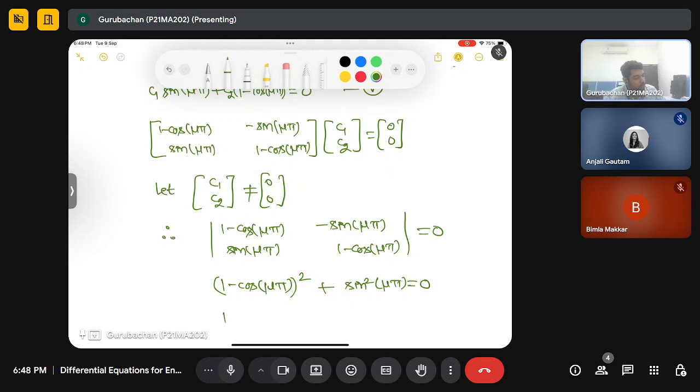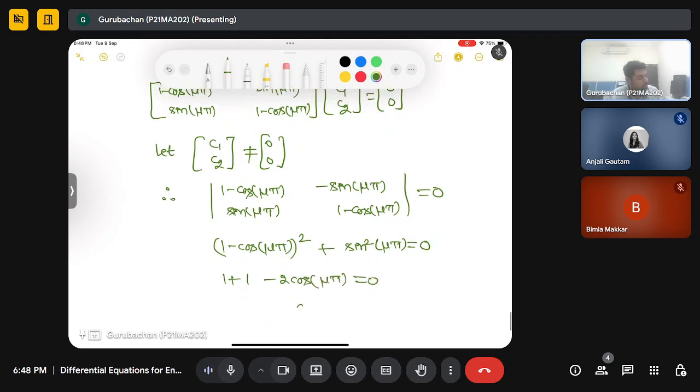So this will give you 1 plus cos square mu pi plus sin square mu pi, which is again 1, minus 2 times cos mu pi is 0. So from here you will get cos mu pi exactly equal to 1.